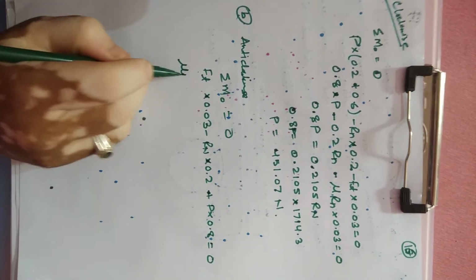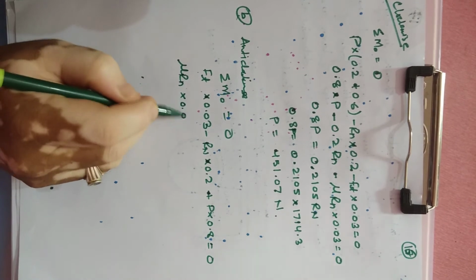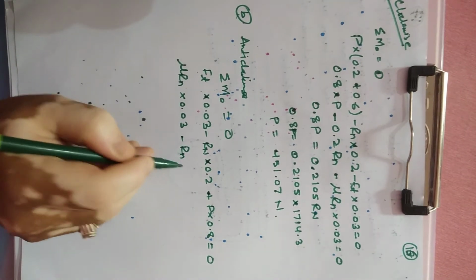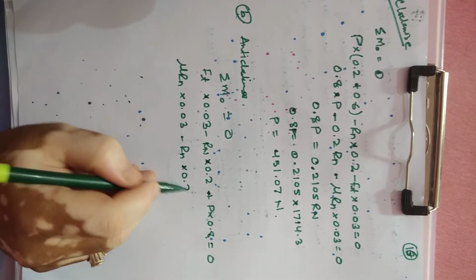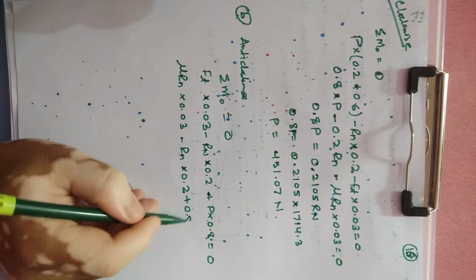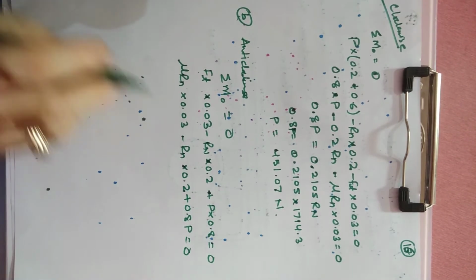Now mu Rn into 0.03 minus Rn into 0.2 plus 0.8 P equals 0.